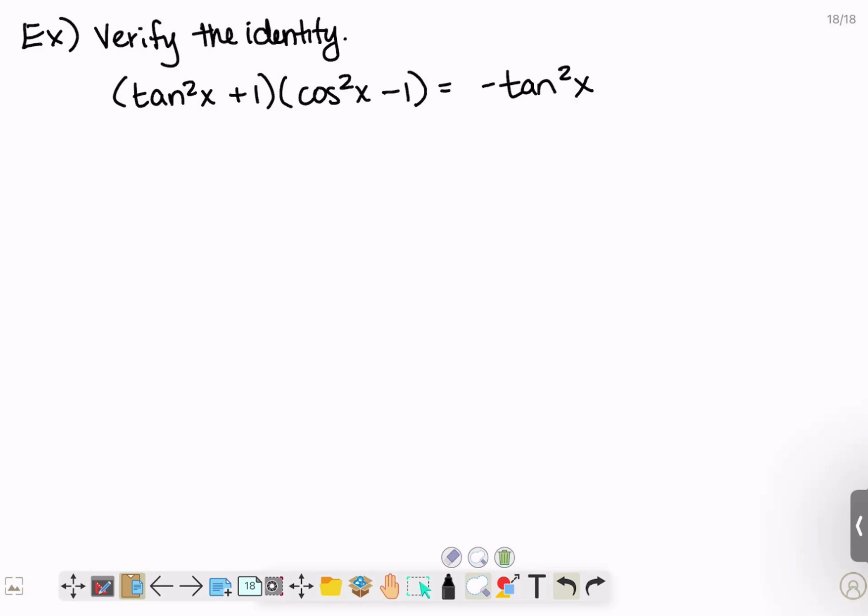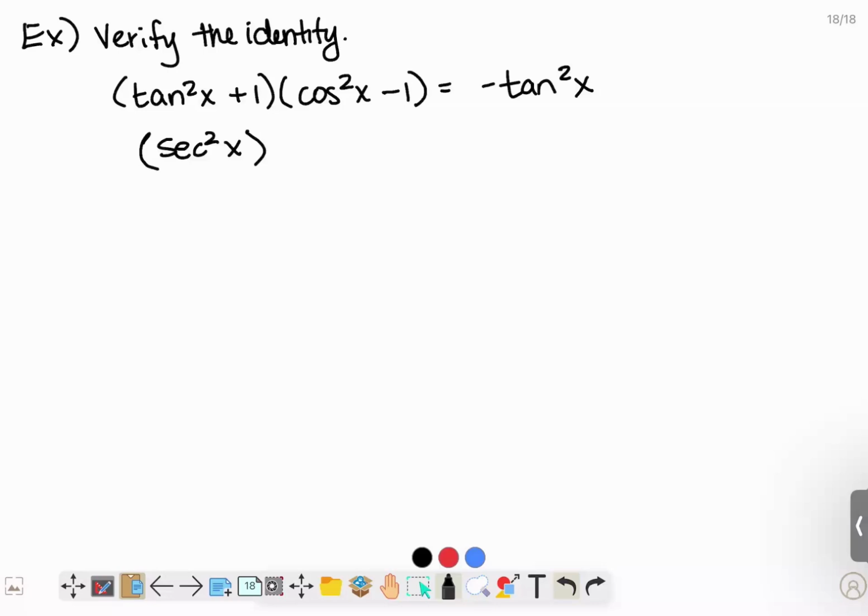And I do indeed have one that says 1 plus tangent squared is equal to secant squared. So I'm going to go ahead and make that substitution. So secant squared x is equal to all of that. Now I also have one that involves cosine squared.